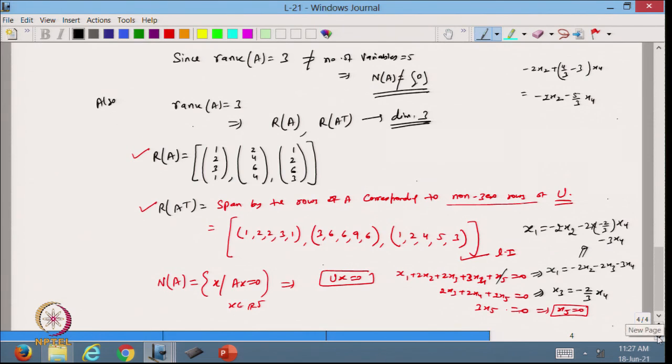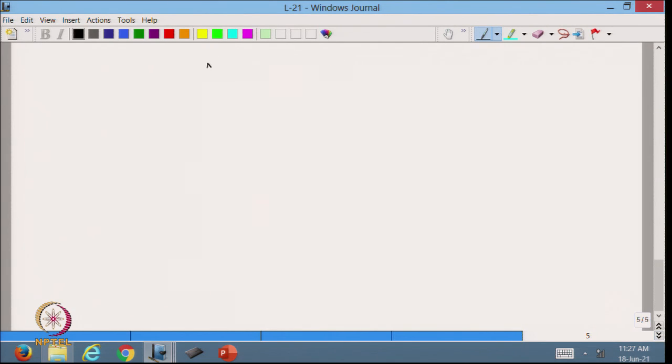So, based on this one, now I can write my null space. It corresponds to the x such that Ax is equal to 0.